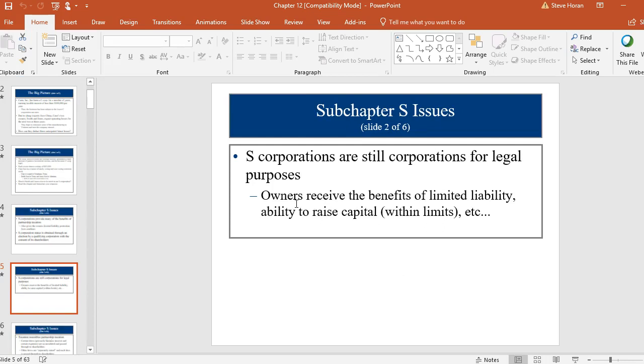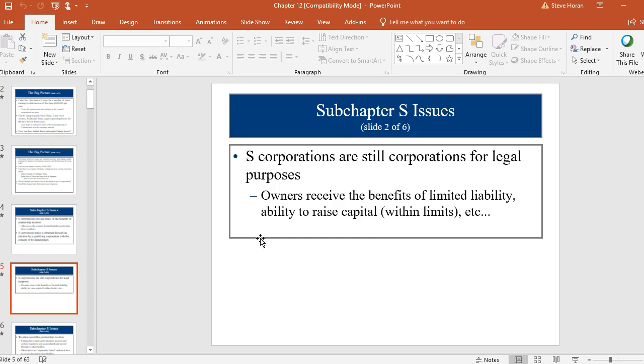The benefit is that you get that limited liability with the ability to raise capital, however, within some limits. It's not a C Corp where you can issue stock and have 1 million shareholders. There are some limits with how much you can sell. And an S Corp is a pass-through, just like an LLC or LLP or any partnership.